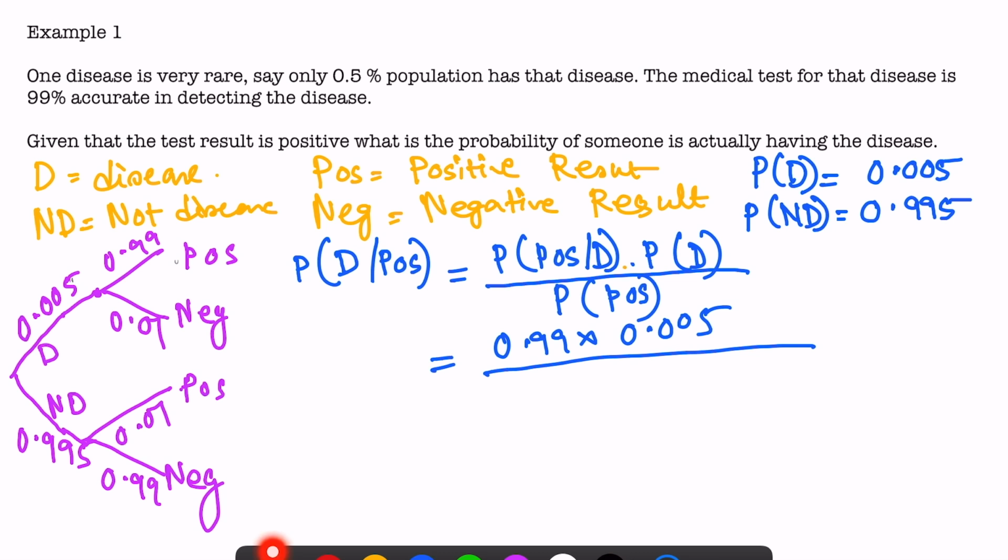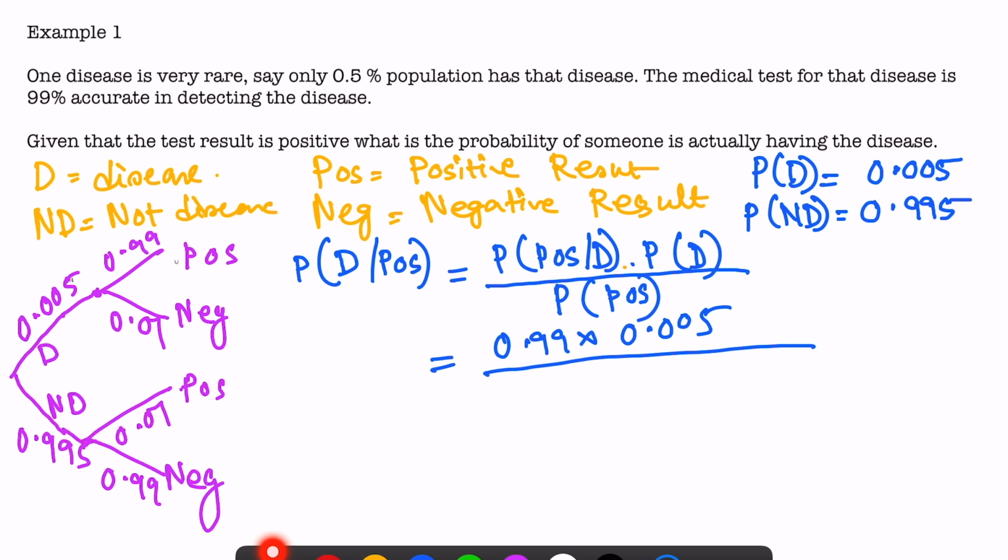So let's see from the tree diagram. We are getting a positive result in these two paths. In one path we are having the disease and the result is positive, and in one path we are not having the disease but still the result is positive. So this is the true positive path, this is the false positive path. So we have to sum them up to get the actual positive probability, right? So we have to sum this path and this path.